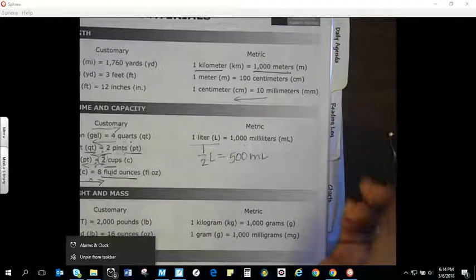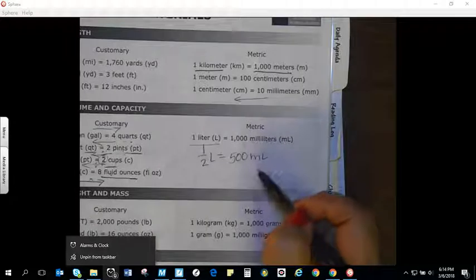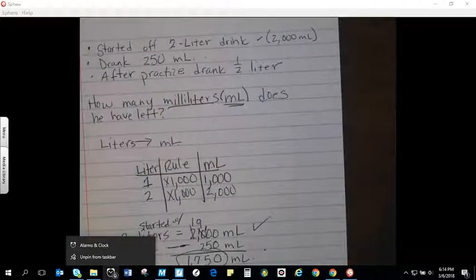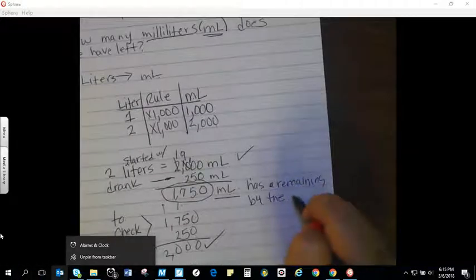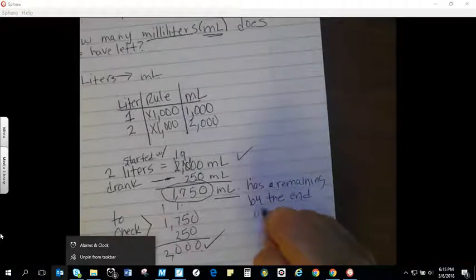So how many milliliters did he drink? He drank 500 milliliters. What am I going to do to this? Is this what he has remaining before the end of practice?